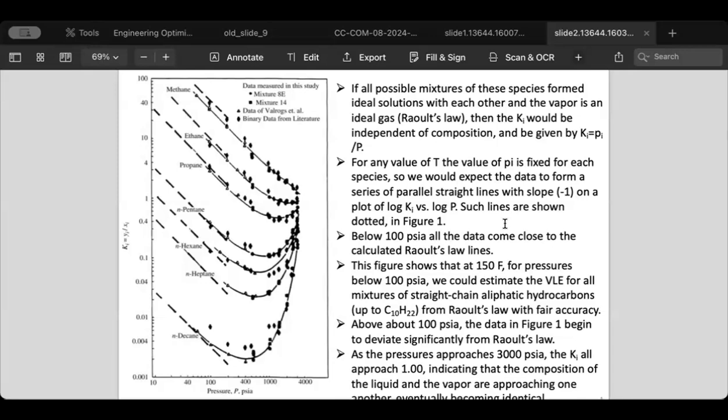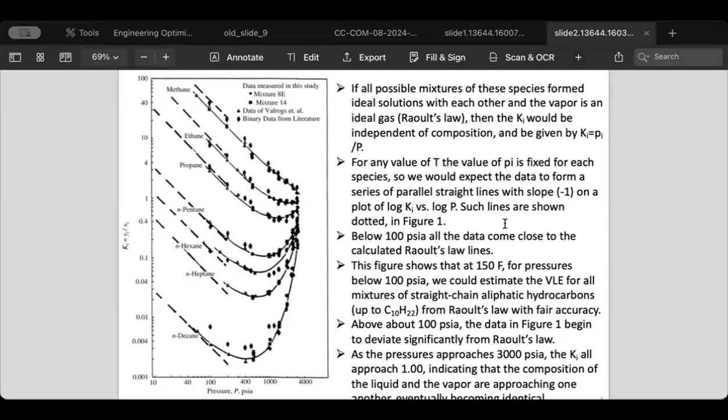And all components approach the same point, right? Where you cannot distinguish between vapor and liquid, because the composition is the same.